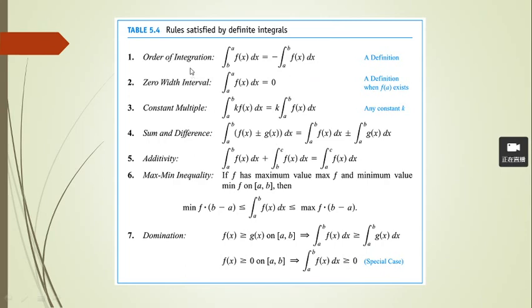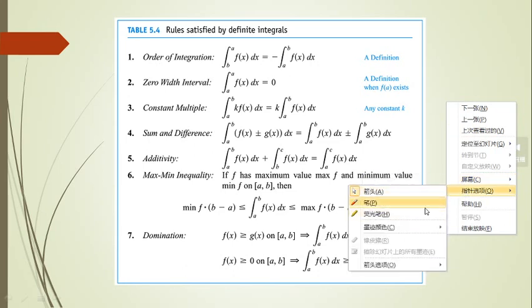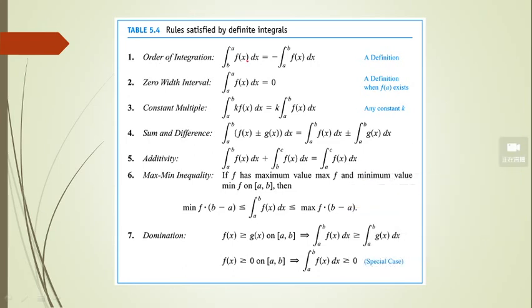Now, let's go through them one by one. Number one, the order of integration. Usually the lower limit a is less than the upper limit b.